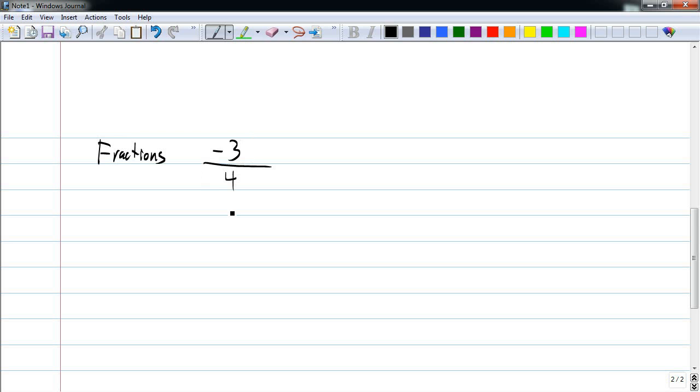All fractions of this kind belong to a class of number called rational numbers. Rational numbers, in short, are any number that you can write as a fraction, like this.